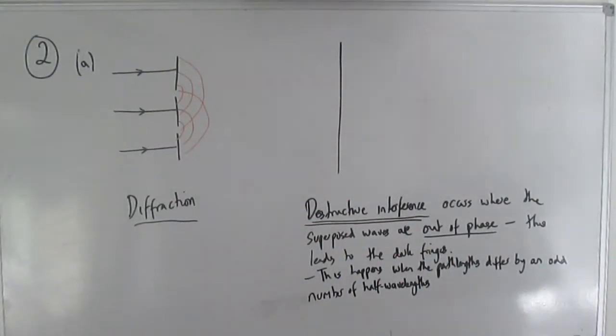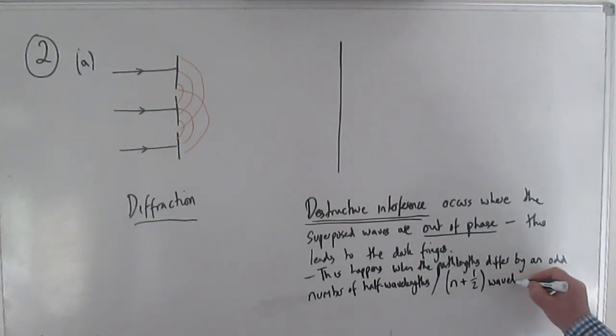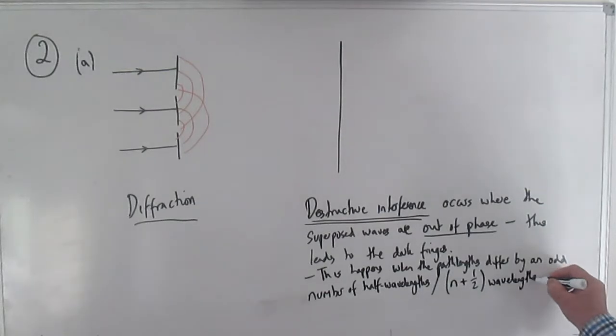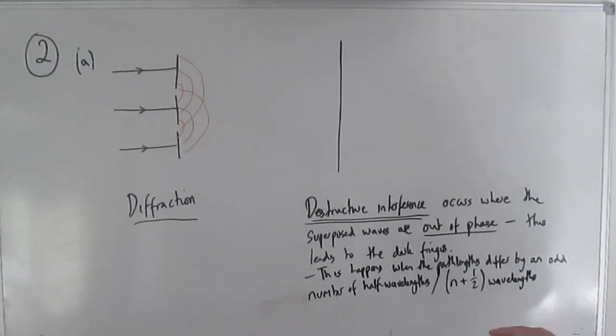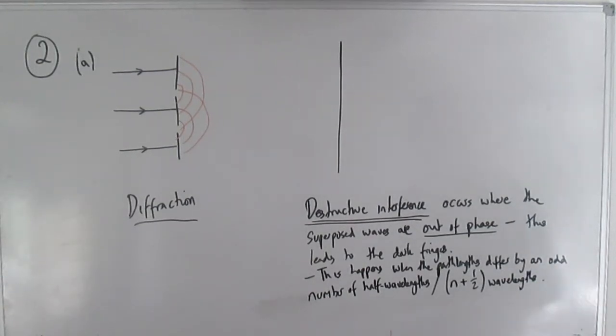But you can't just say by a number of half wavelengths, because 2 half wavelengths is a whole wavelength, and then you would get constructive interference. So an odd number of half wavelengths. Or you could say, n plus a half wavelengths, where if n is an integer, starting from 0, then you can get either half or 1.5 or whatever. That would be the sort of more concise way of putting it, but again, that's worth saying as well.